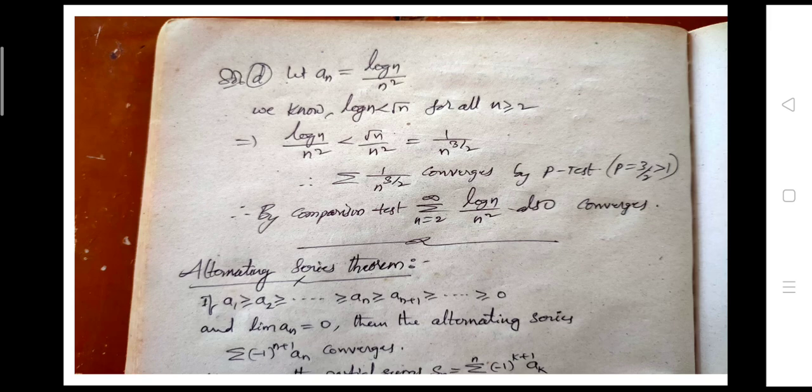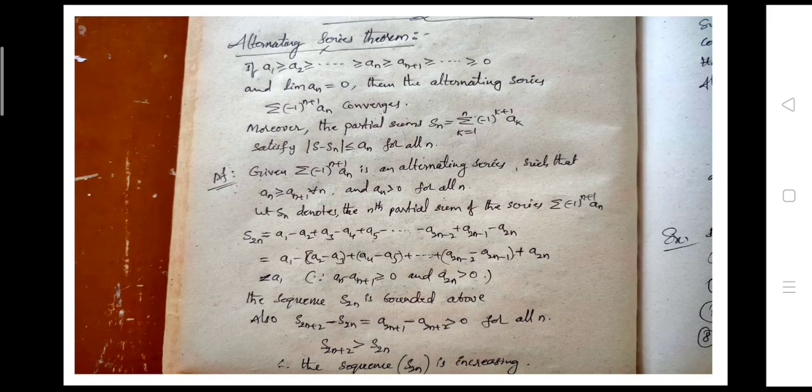And moreover, the partial sums Sn equal to sigma k equal to 1 to n of minus 1 whole power k plus 1 into ak satisfy mod S minus Sn less than or equal to an plus 1 for all n.